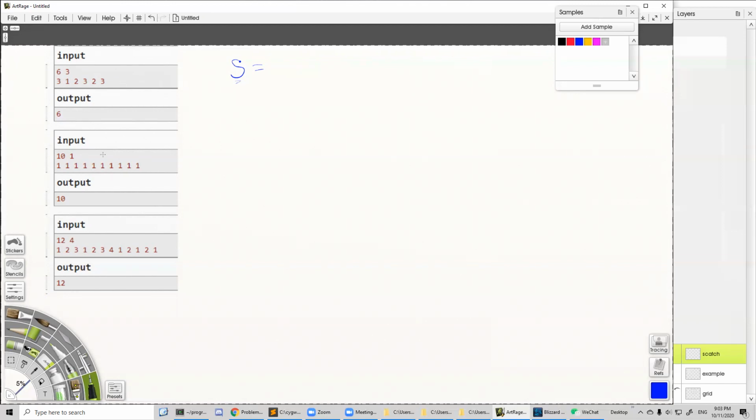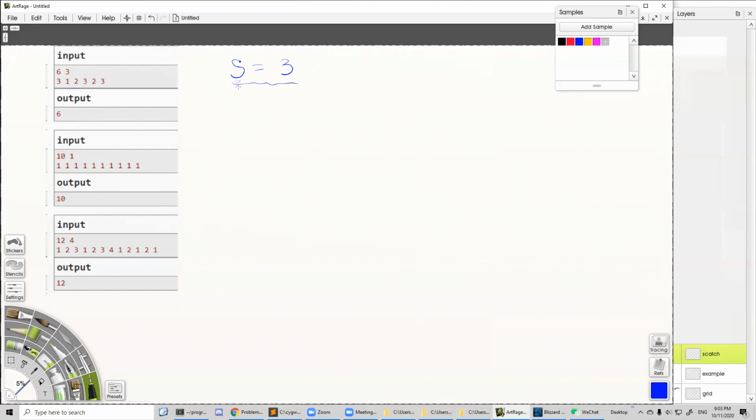In the first example, the biggest team is team 3. There are 3 people in team 3. So the smallest S we can choose is 3, because we cannot separate one team into different buses. So this is the minimal S we can have.